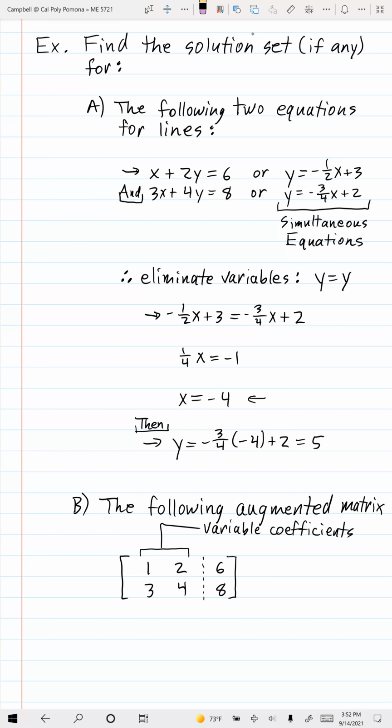And these are the constants. And this is combined in one matrix.